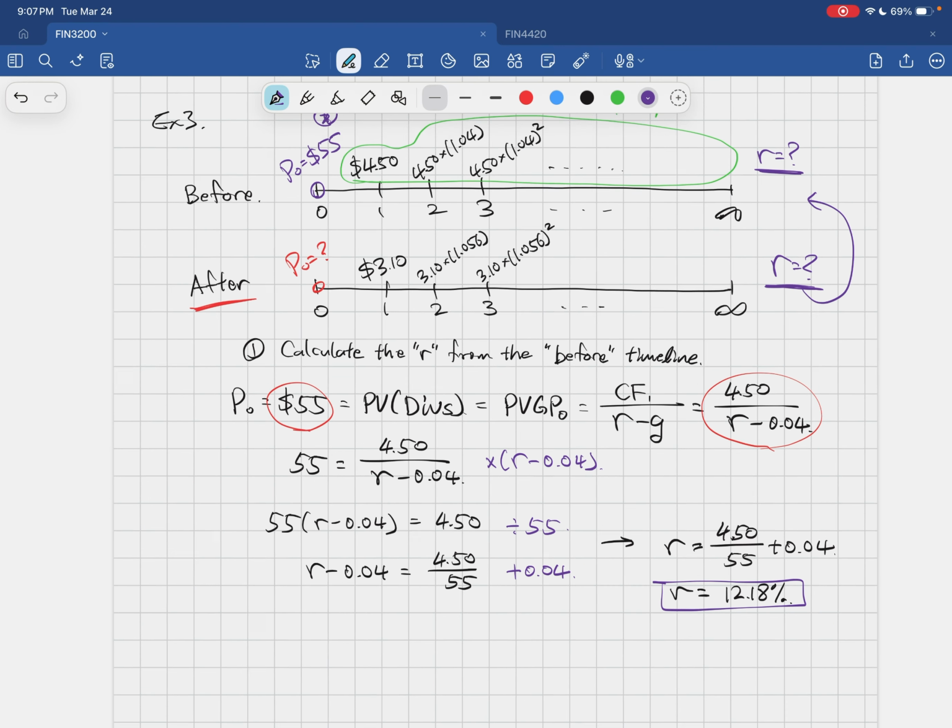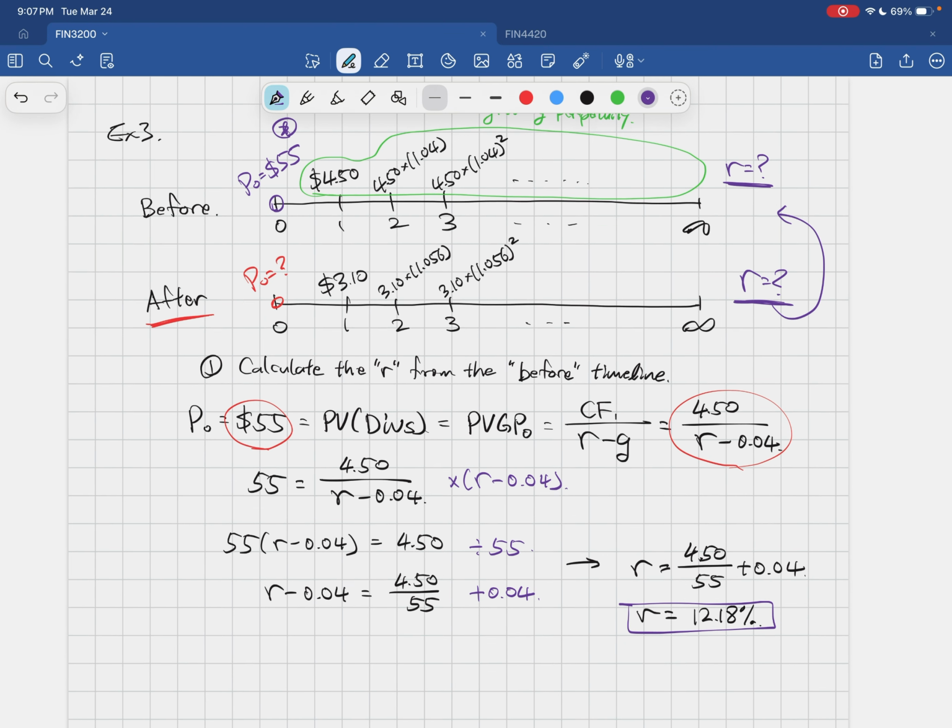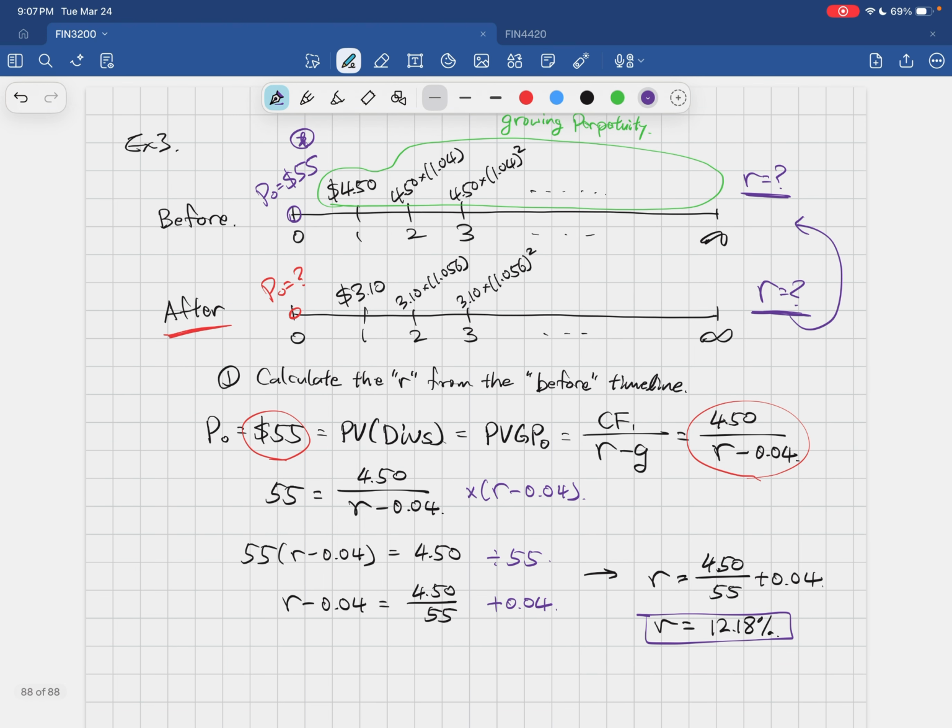Again, what we just did is we know that the share price is $55, and that's the present value of the dividends. And this dividend, if you look at the before timeline, is in the form of a growing perpetuity. So we're going to use the PVGP formula. So we have 55 equals this 4.5 over R minus 0.04. And then we use algebra to solve for R. Now we know the R. It's no longer unknown.